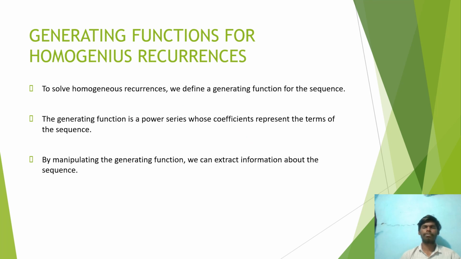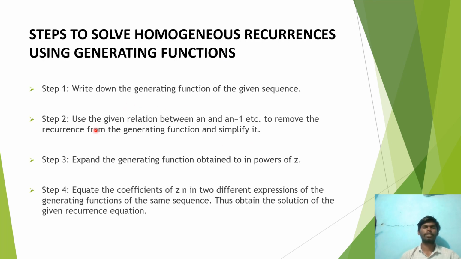Next we will follow these steps to solve homogeneous recurrences by using generating functions. First step: write the generating function for the given sequence. Second step: use the given relation between a_n, a_(n−1), etc. to remove the recurrence from the generating function and simplify it.